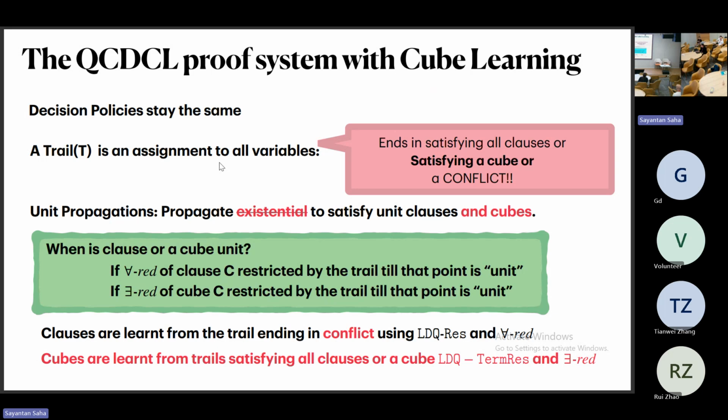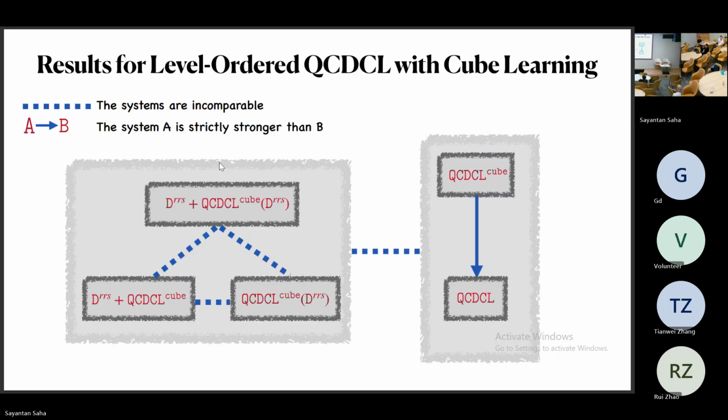We can also propagate cubes and learn cubes. So we have the long distance QRes and clauses, we have the complete dual, we have cubes and existential reduction and term resolution to go along with it. So adding cube learning to QCDCL, we know, gives a stronger system, even just from a refutational perspective.